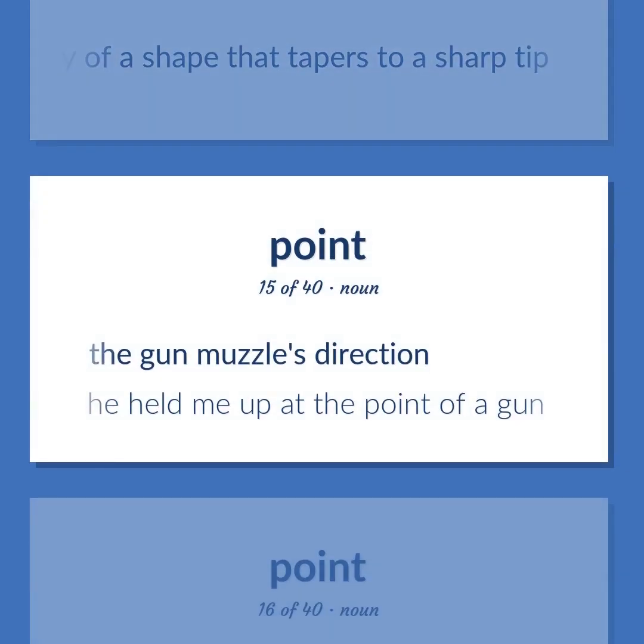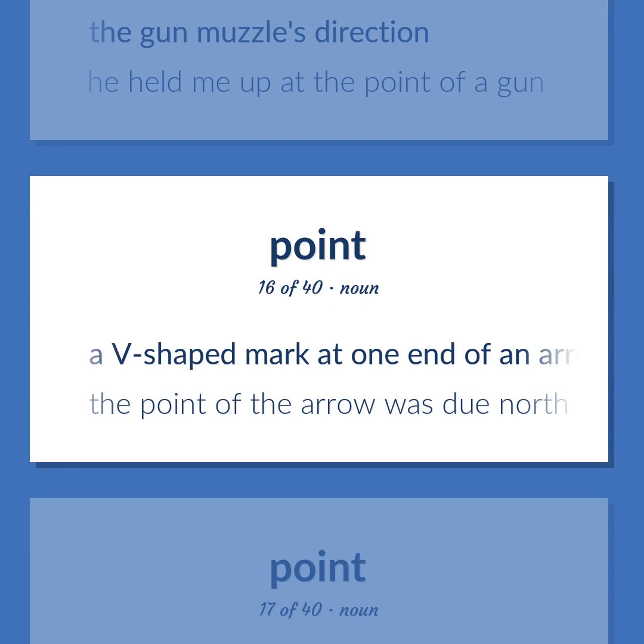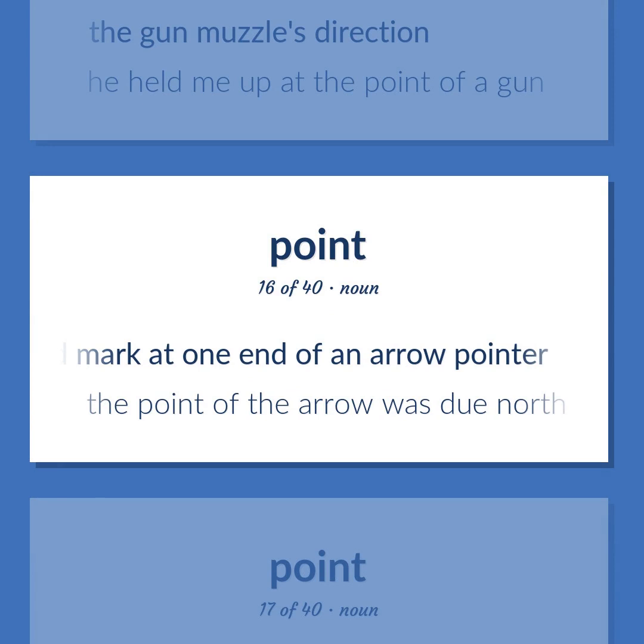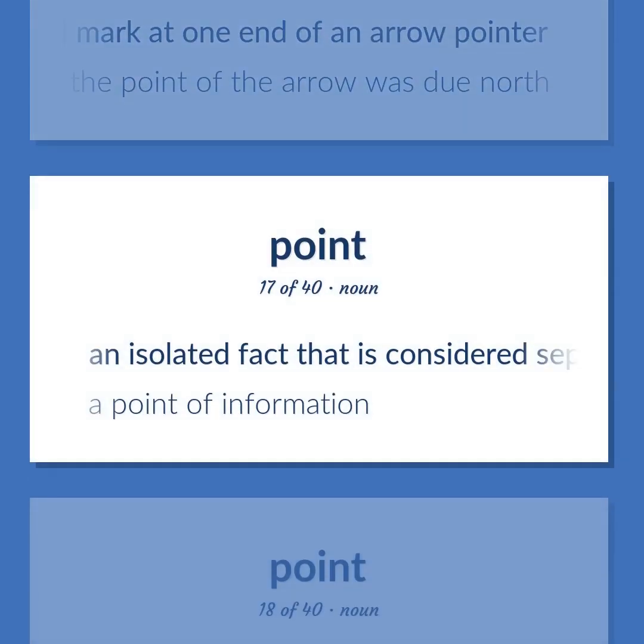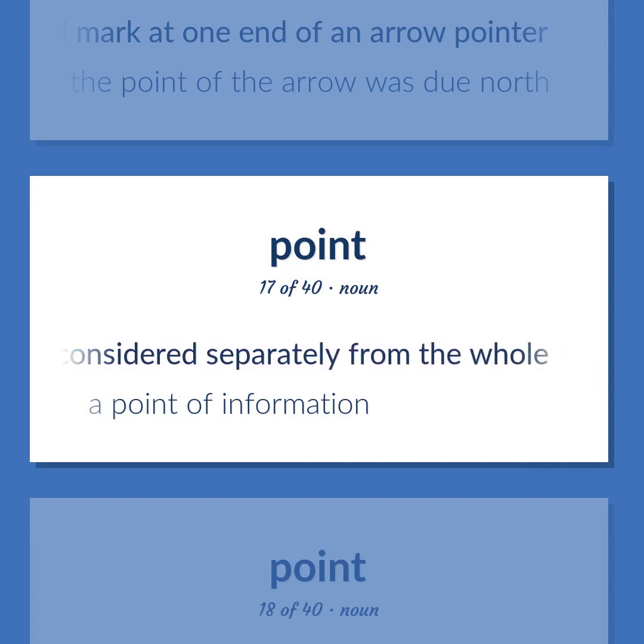The gun muzzle's direction. He held me up at the point of a gun. A V-shaped mark at one end of an arrow pointer. The point of the arrow was due north. An isolated fact that is considered separately from the whole. A point of information.